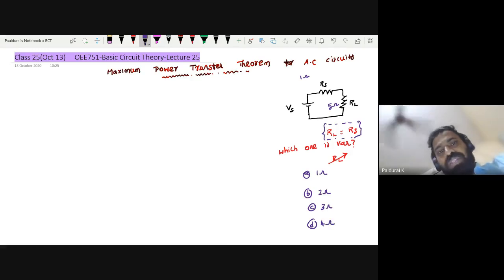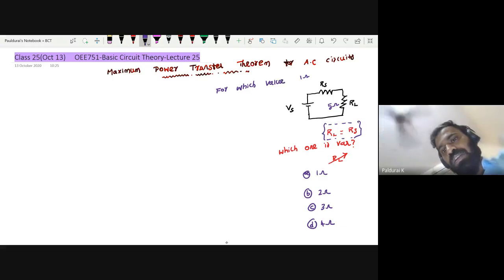For which value of RS do you get maximum power dissipation across RL?